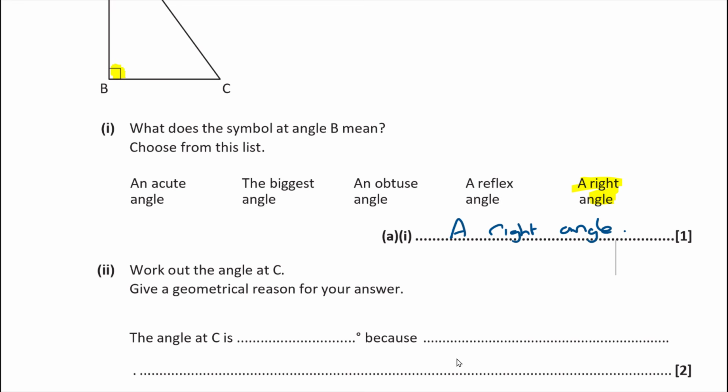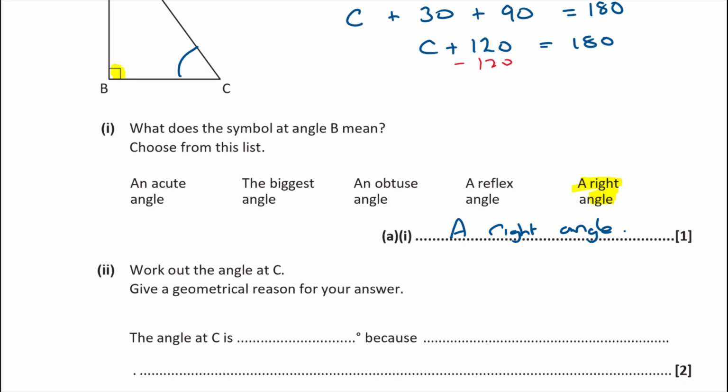Well, angles in a triangle sum to 180 degrees, don't they? So the angle at C plus the 30 degrees we got at A plus the 90 degrees we got at B should be equal to 180. So adding 30 and 90 together gives me 120. So C plus 120 is 180. Then taking 120 away from both sides, they're going to cancel.